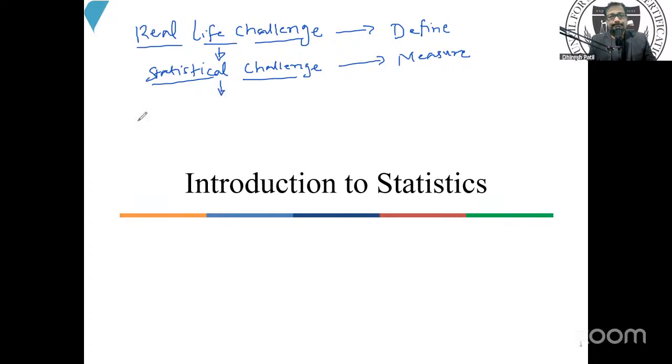After that, we solve that statistical problem and we get a statistical solution. And then that statistical solution is converted into a real life solution.